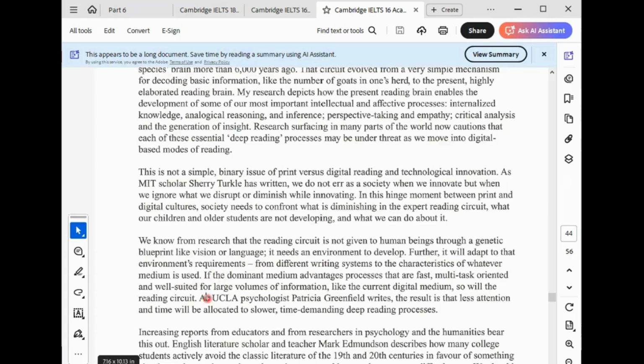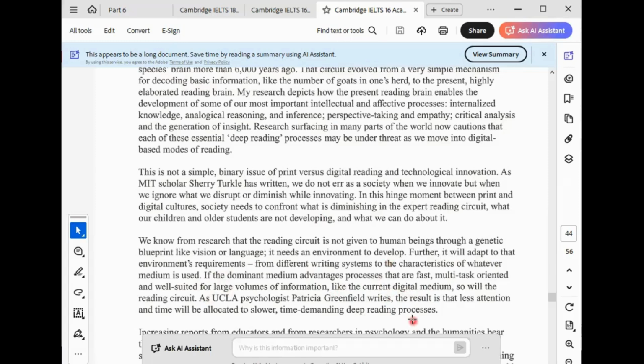And the medium that we use will affect the development of our reading circuits, either positively or negatively. They gave one example here, the current digital medium. If you have been following from the beginning, we know that there's also a print medium. So option B is fully supported.